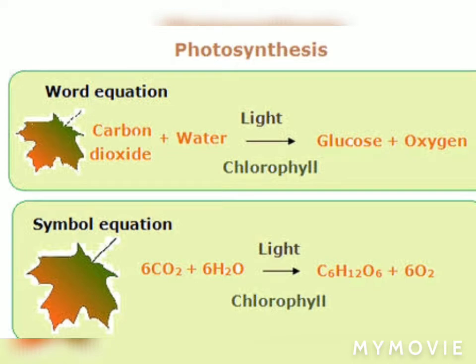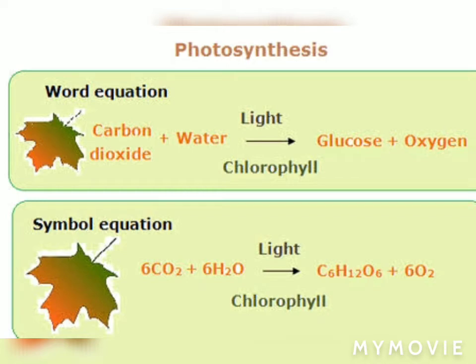You cannot even imagine the earth in the absence of photosynthesis. If there is no photosynthesis, the plants will not be able to synthesize their own food. If the plants do not synthesize their own food, there will be scarcity and then there will be no food.